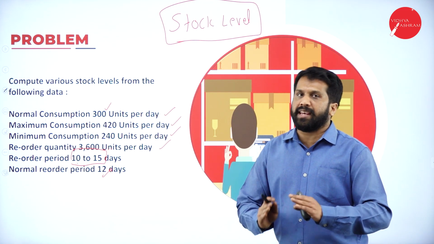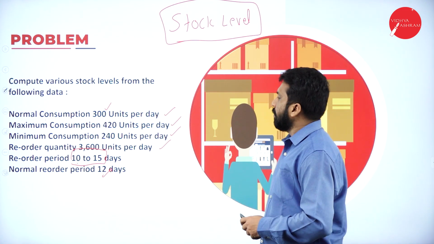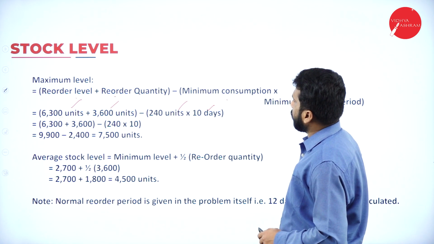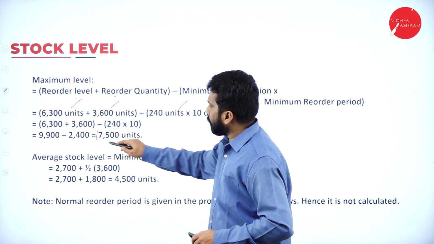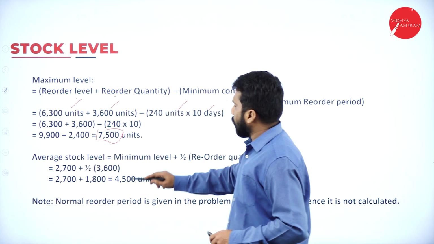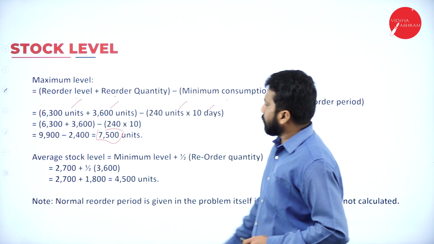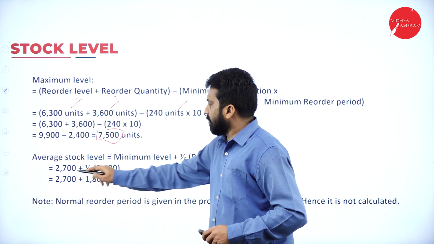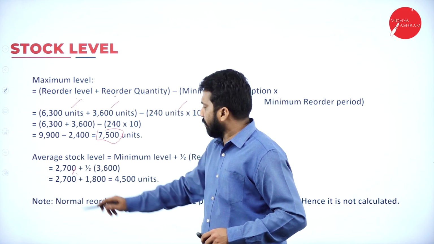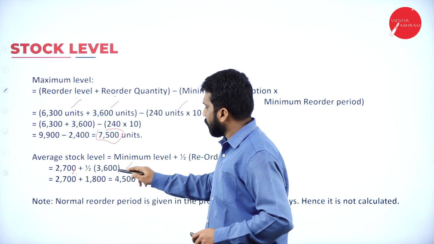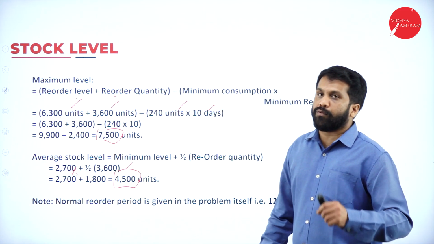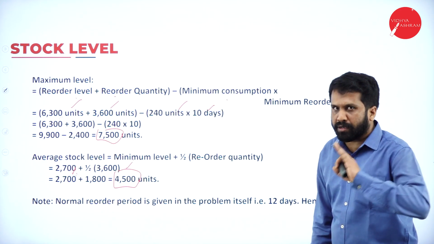Any one way, it will be there. Do all the calculation, you get 7,500. Average stock is minimum level plus half of the reorder quantity. This minimum is already calculated. Half of 3600, your final answer 4500. Hope you are clear.